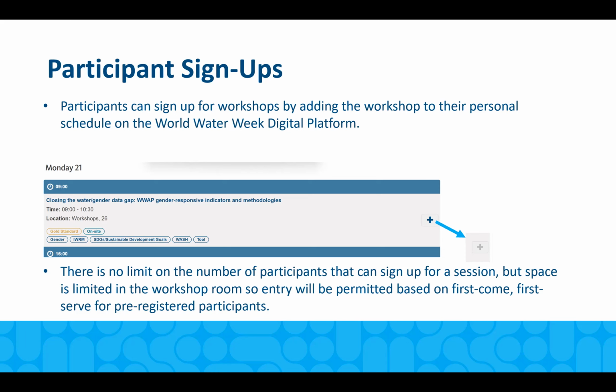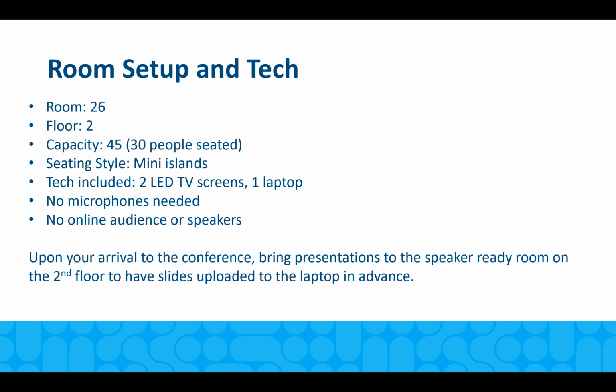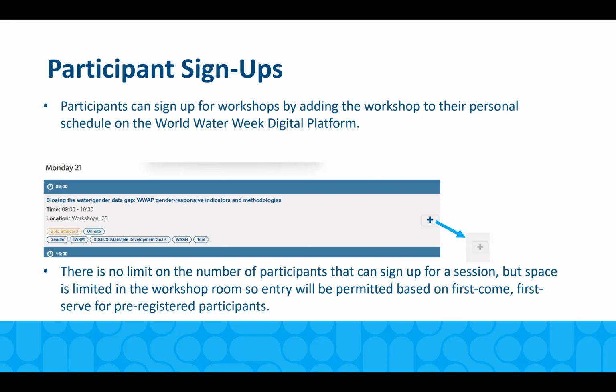As I mentioned, the style of the room is mini islands, so 8 people seated around mini islands. But if you would like to change that around, all you have to do is put it back at the end of the session. Any further questions? No. All right.